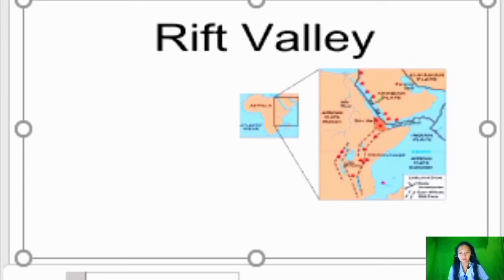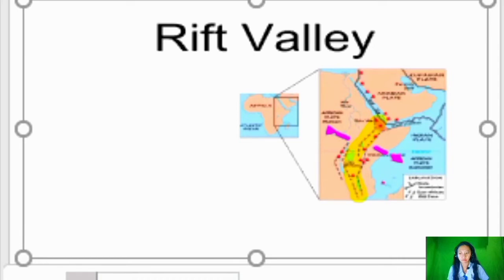If you look here, this is the Great African Rift Valley, and it moves right through this part of Africa right here. And you can see that Africa is actually being torn into different sections. They're pulling apart, and it's literally tearing Africa apart.